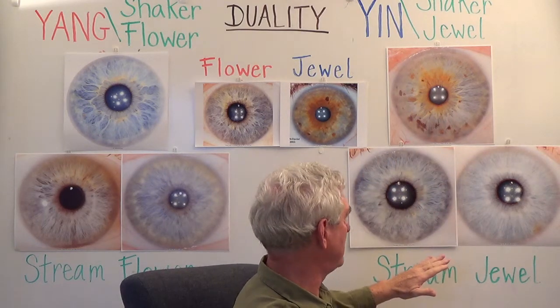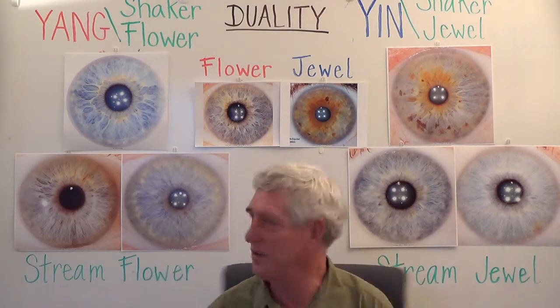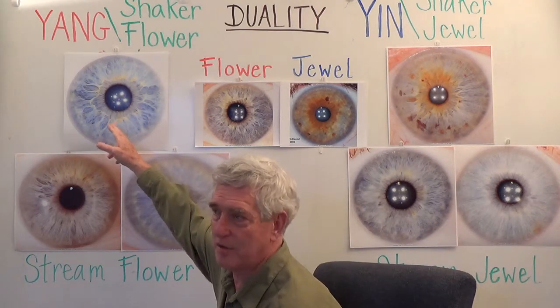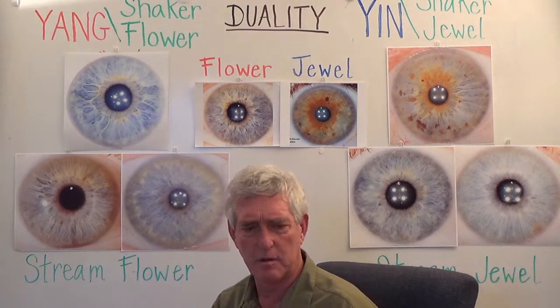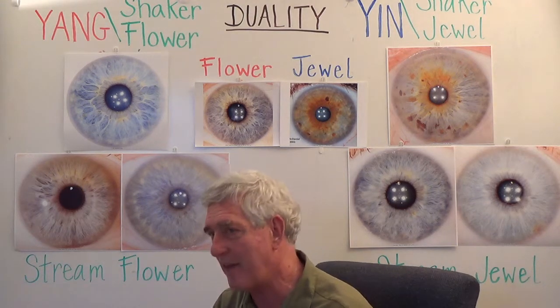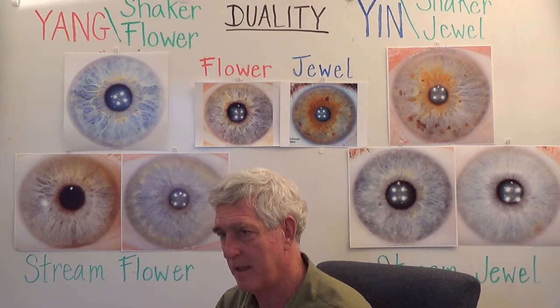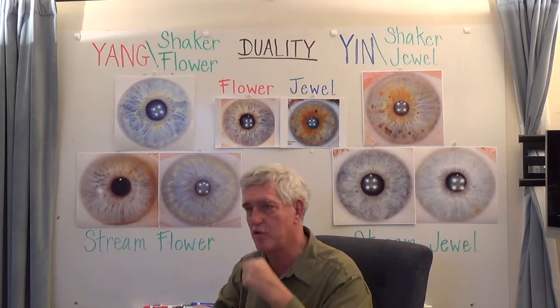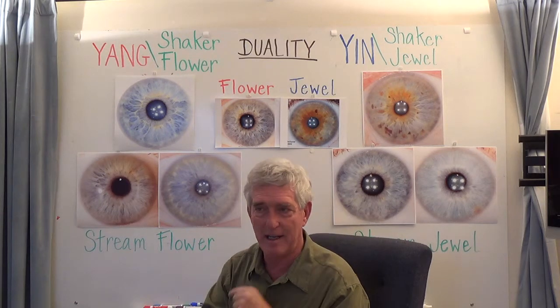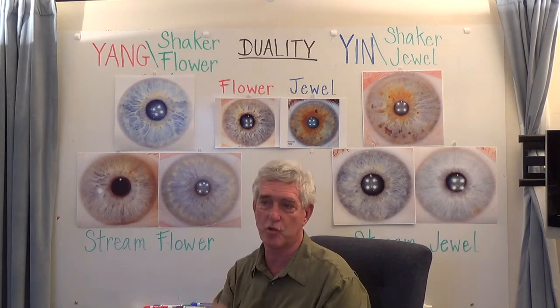If you have a stream jewel, they usually like shaker flower. So there's a series of opposite dynamics. If you examine why they're attracted to each other, it's because of the nature of magnets, they come together and the energy starts to circulate, and that produces the dynamic attraction.